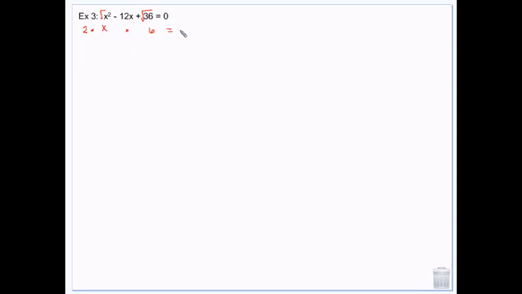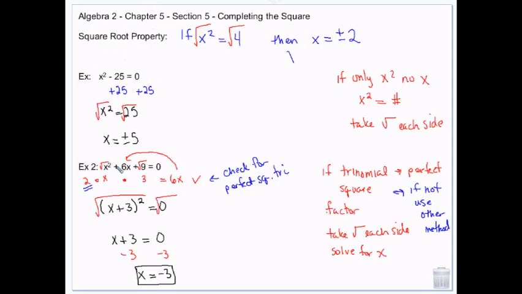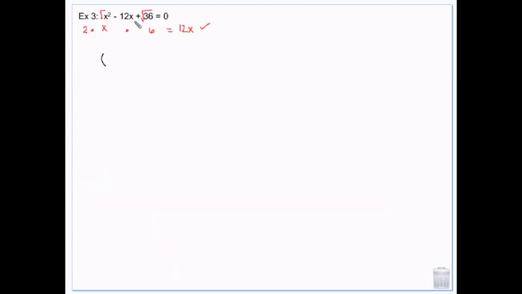So 2 times x times 6 is 12x. And 12x does match, so it's perfect. Now the difference here is that before I had positive, so this was plus. See that? Here it's negative, so if the middle term is negative, so is this. So it's x minus 6 squared equals 0.